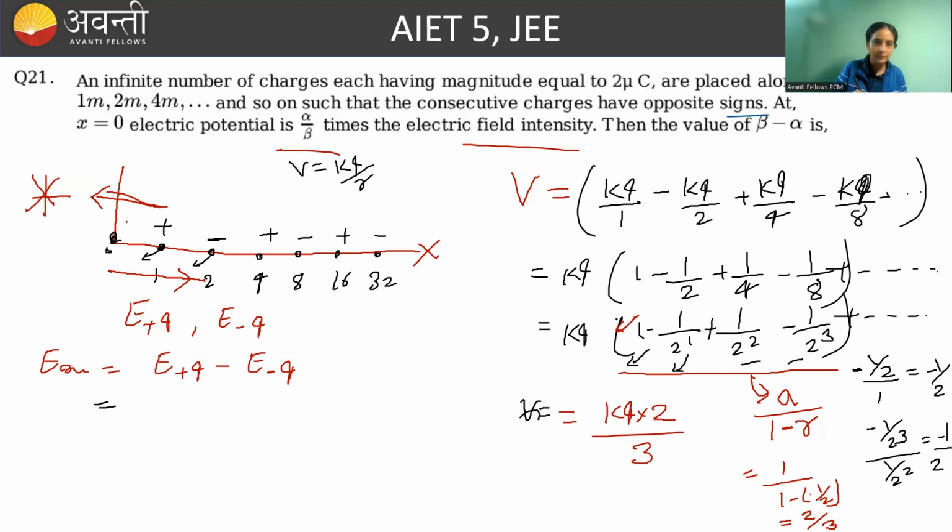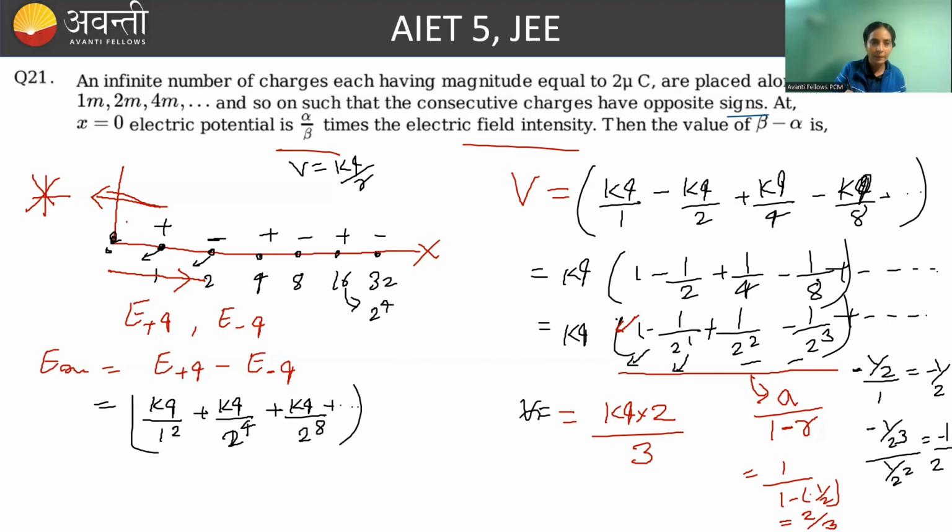So for plus q, I will write kq by 1 square, okay, and then plus charge is at 4 position, so then I will write kq by r square, that is 4 square, so that is 2 to the power 4. 16 means 2 to the power 4, and if you square it, how much are you going to get? 256, and that is 2 to the power 8, like that it will go on.